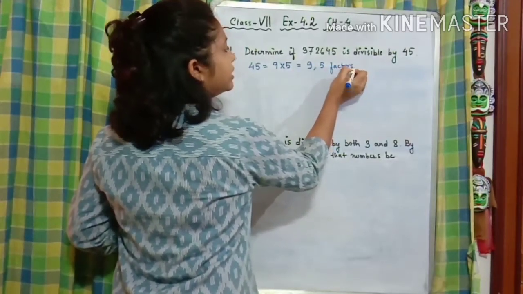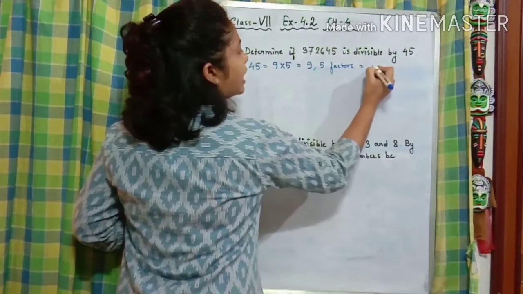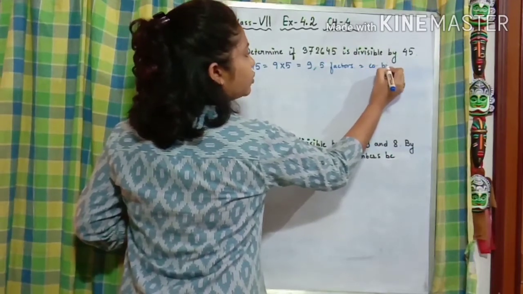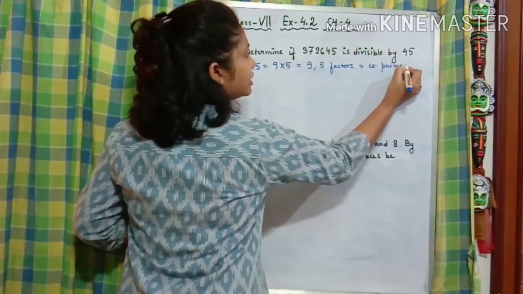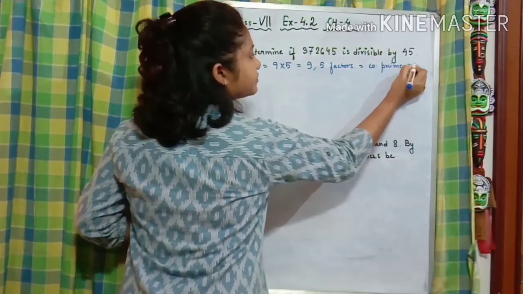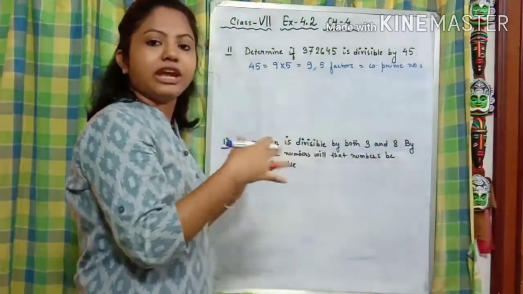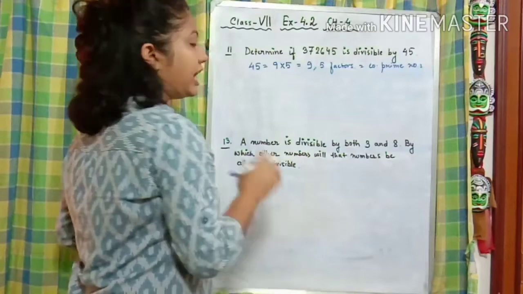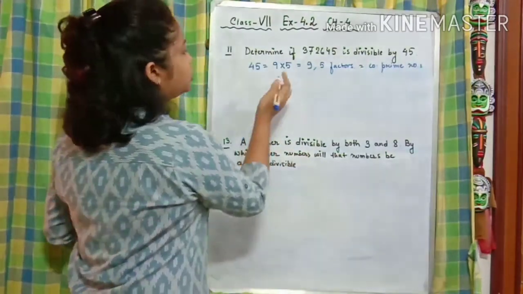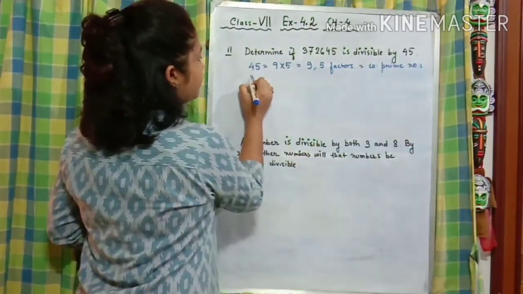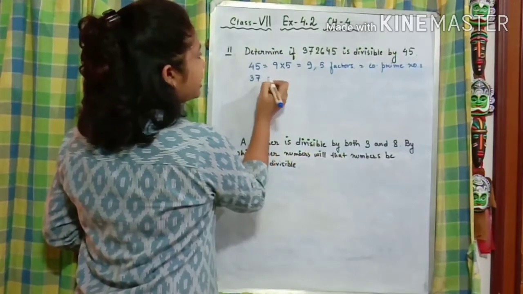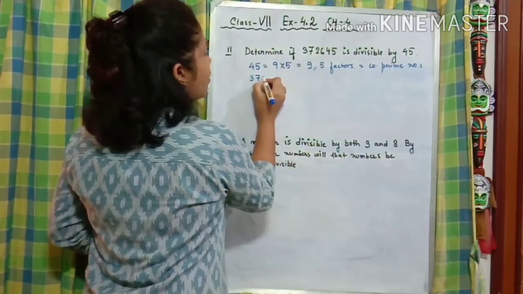And 9 and 5 are co-prime numbers. We know what co-prime numbers are: numbers which do not have any factors in common other than 1.